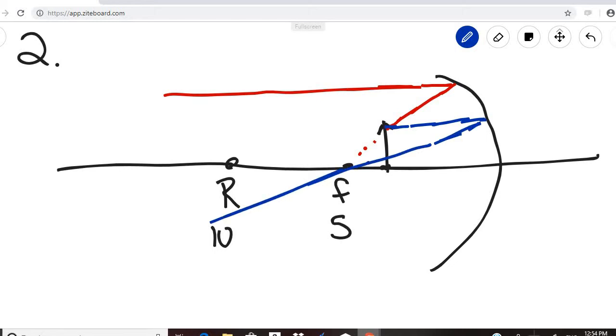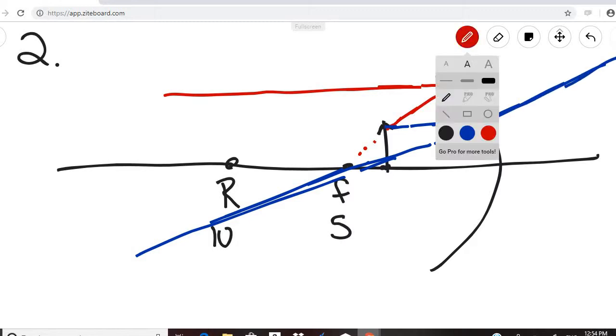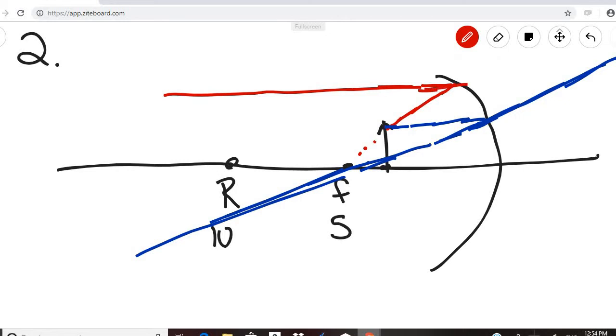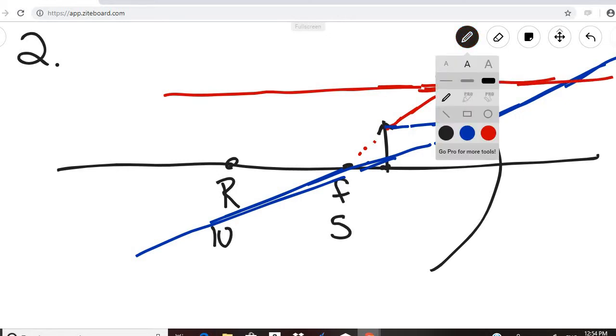Draw that like that. We see that these two lines, the red and the blue reflective lines, are not going to intersect. So we will extrapolate this out like that. We'll extrapolate our red one out like that. We see that they intersect with each other right there.